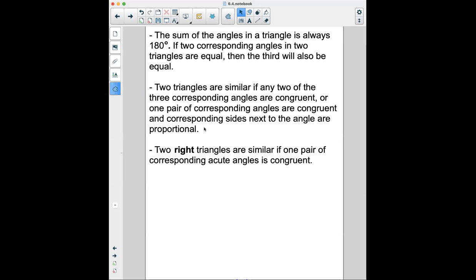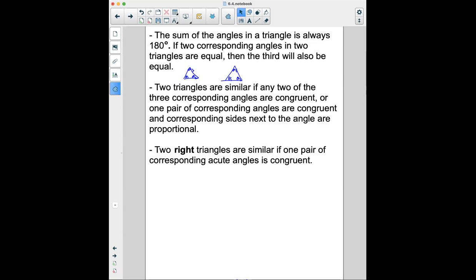So here's a triangle. If theta 1 and theta 2 are equal to theta 1 and theta 2, then by default, theta 3 is going to equal one another.